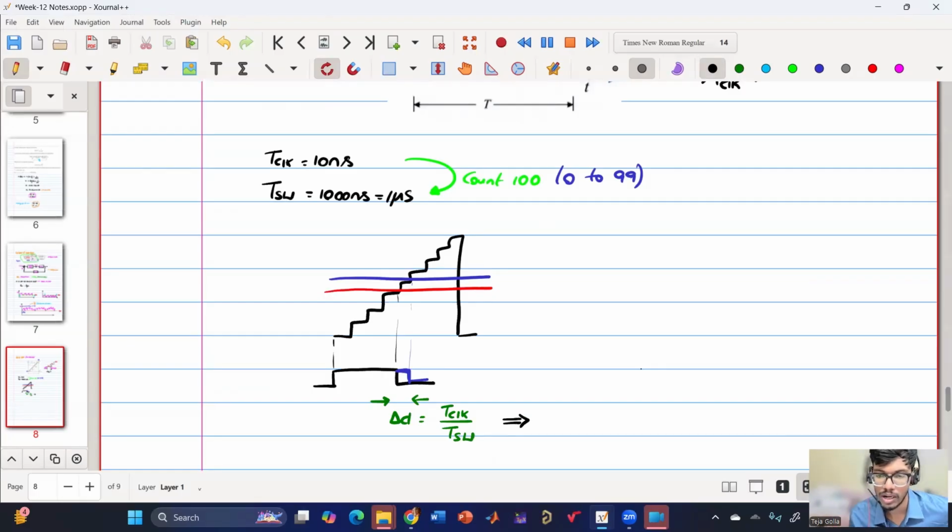What is the minimum resolution for the duty ratio? Is this point clear? Yes, sir. Okay. So now for the above example that I have considered, T clock 100 nanosecond and TSW 1 microsecond, what is my delta D?